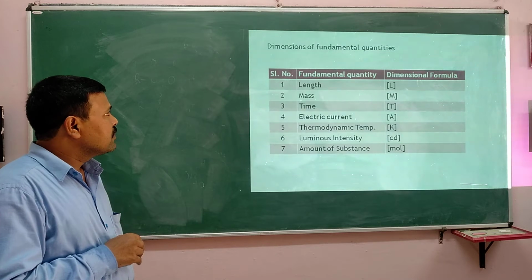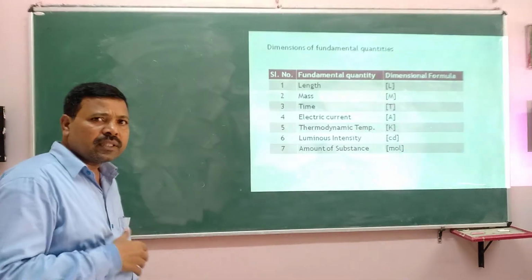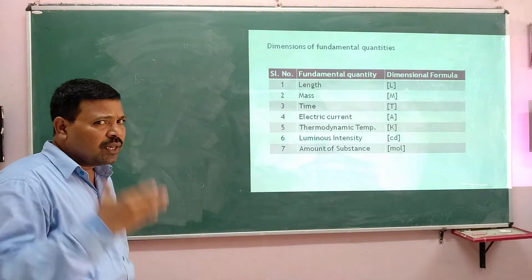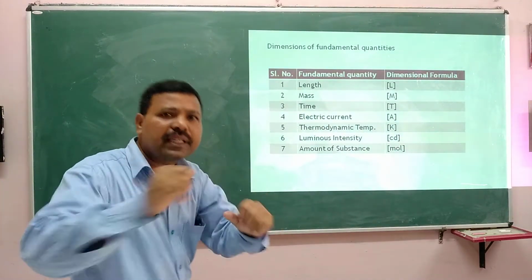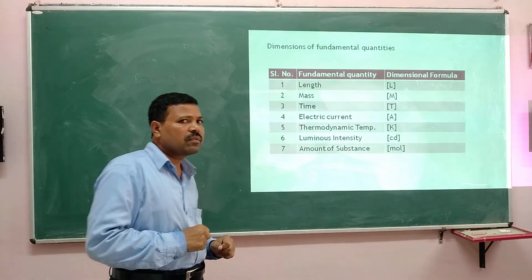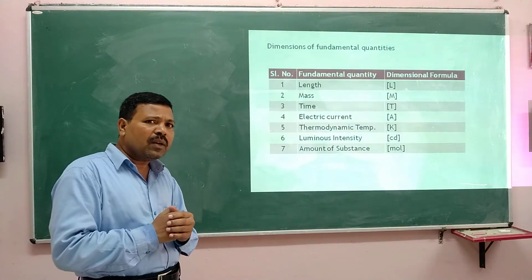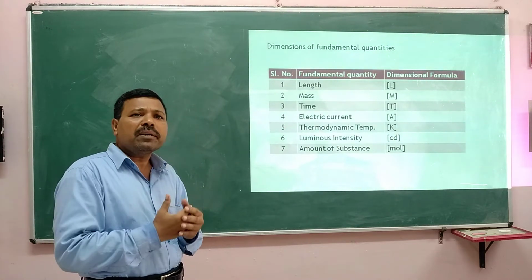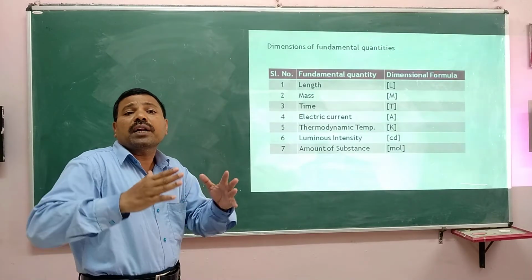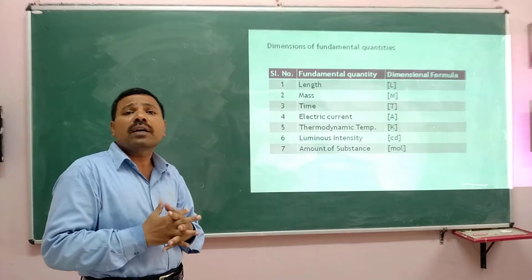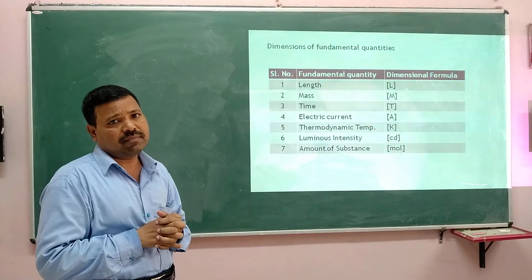What are the fundamental quantities? In our previous class, we discussed the fundamental quantities and the derived quantities. What are fundamental quantities? Fundamental quantities are those basic quantities which are independent of any other quantities.